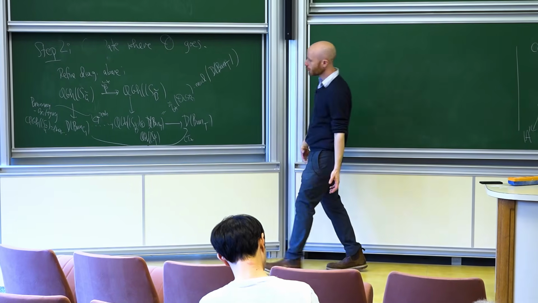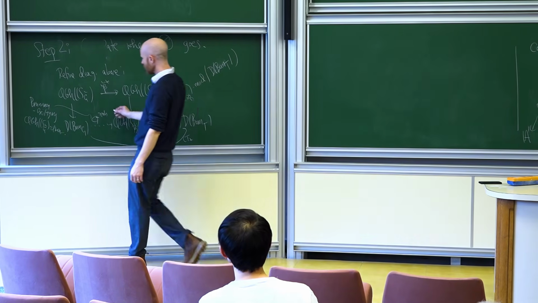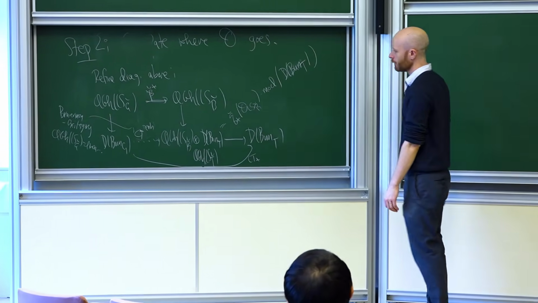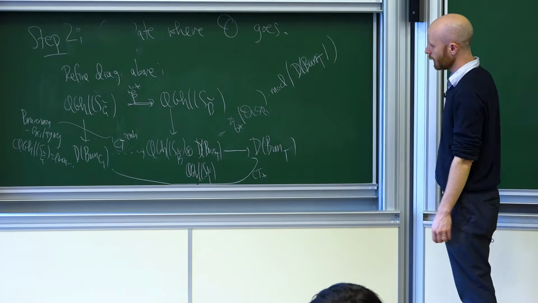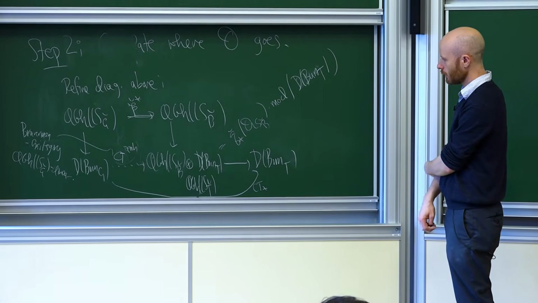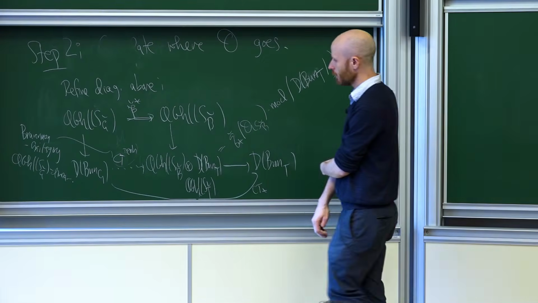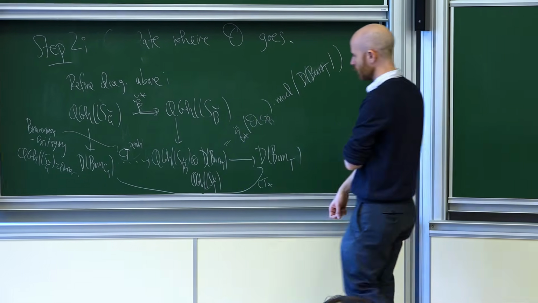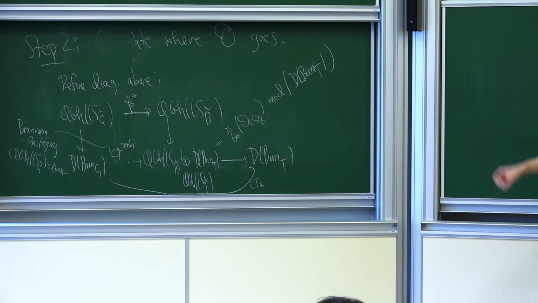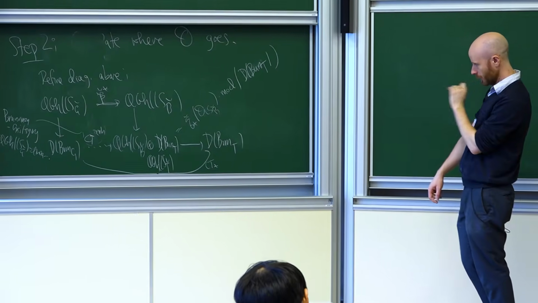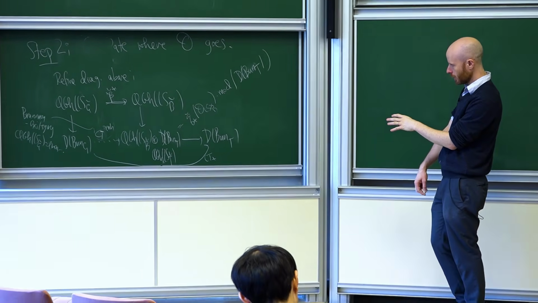I think the general philosophy is that this partially enhanced thing can be slightly more elementary to set up, at least in the global setting. It's a little bit easier to wrap your head around, and it's also sufficient for all applications.